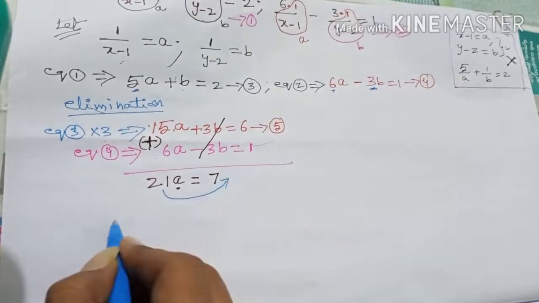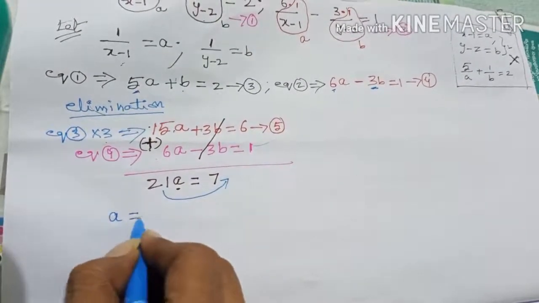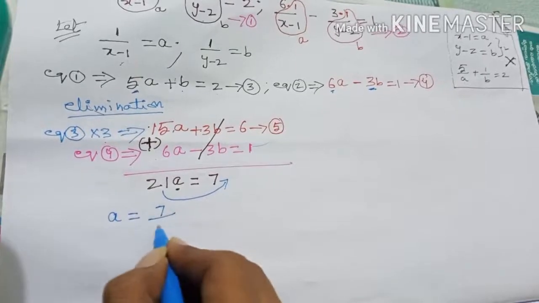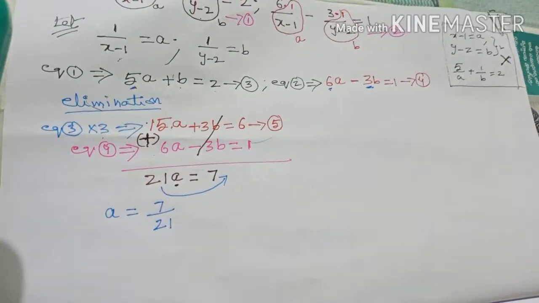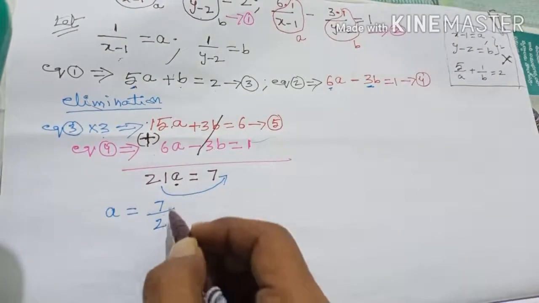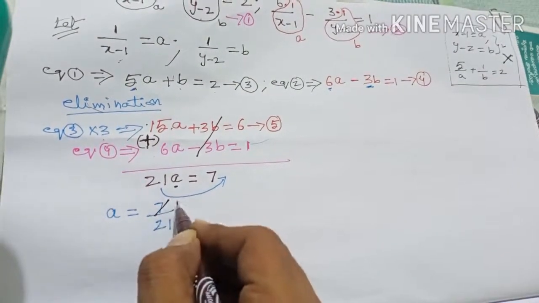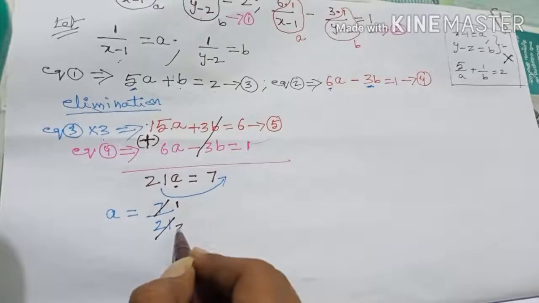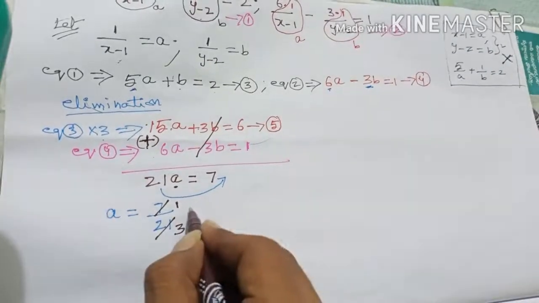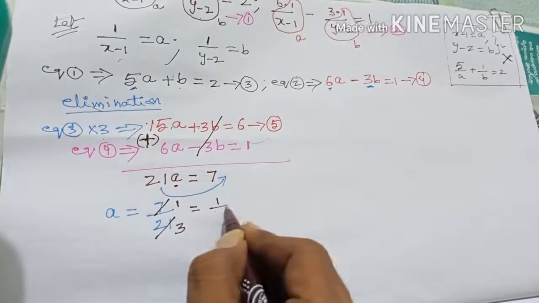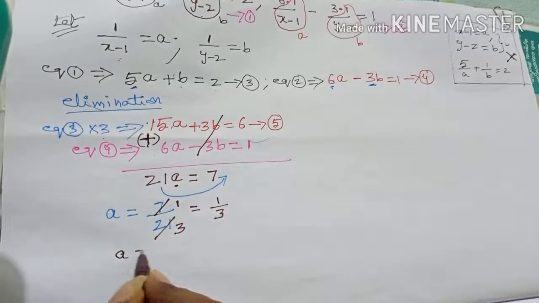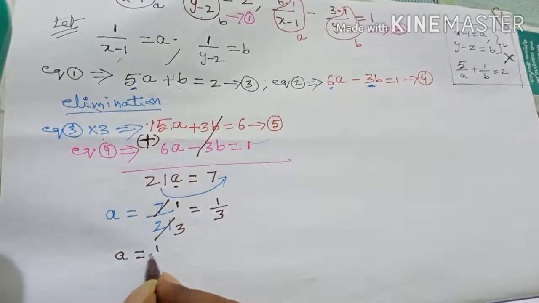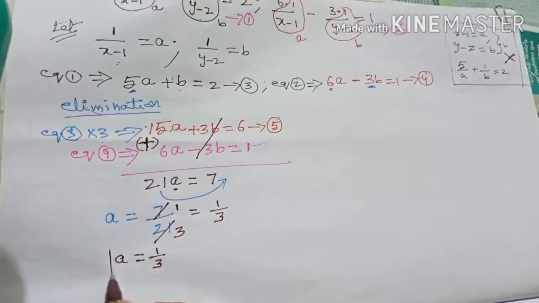Then what happens? a is equal to 7 by 21, isn't it? Here 7 and 21 are divisible by 7. 7 ones are 7, 7 threes are 21, and it is equal to 1 by 3. Okay, now I have the value of a. It is nothing but a is equal to 1 by 3.